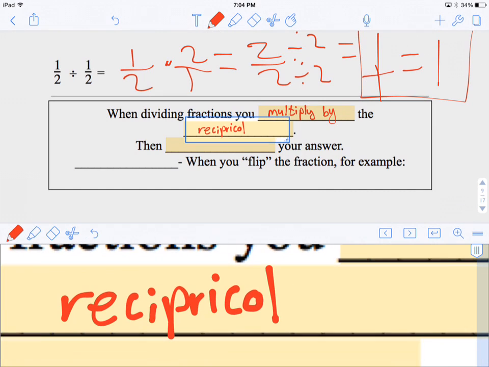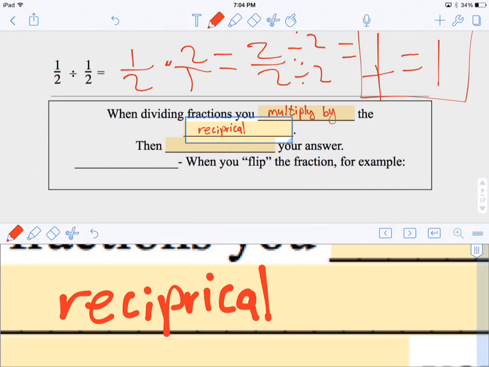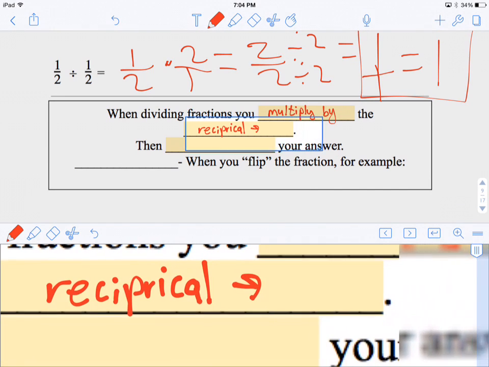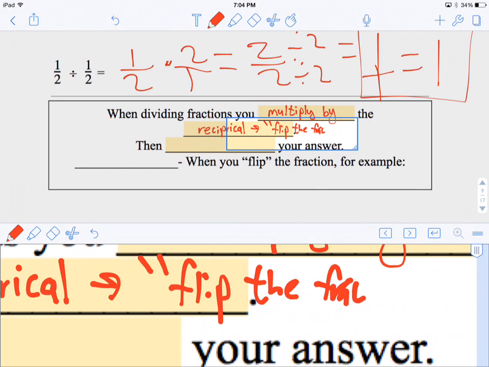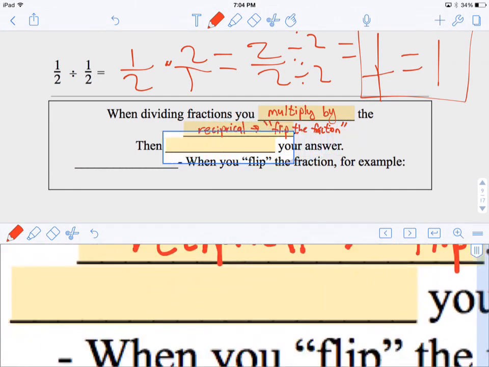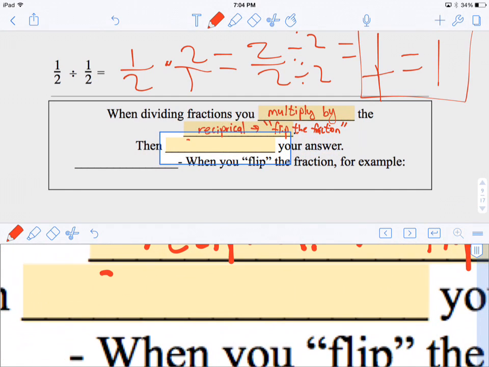And the reciprocal is when you flip the fraction, okay? But we're going to use the word reciprocal. Flip is not really great math terminology, so we're going to call it reciprocal. Then you simplify your answer.